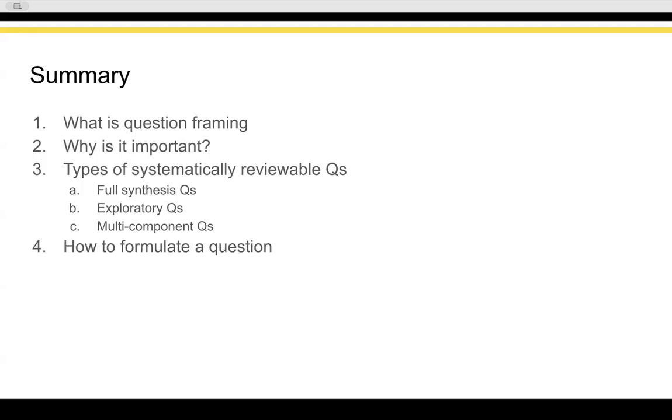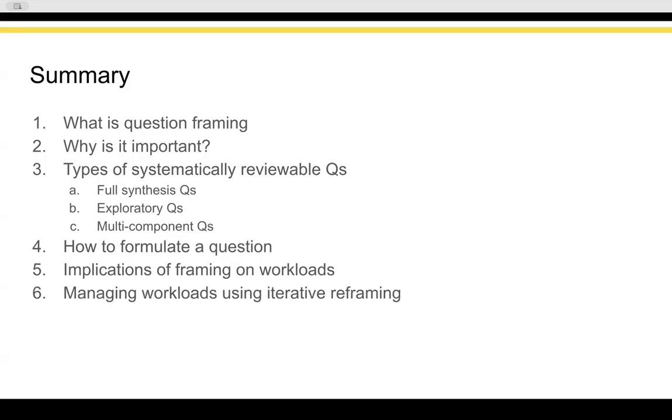We talked about how to formulate a research question and implications of framing the question in a certain way based on certain system boundaries on the amount of work that we're going to end up with in terms of the search results. And we looked at how we can go about changing the boundaries for each of the components of our question in our conceptual model to ensure that what we've got is manageable. But yeah, that's it for me there.